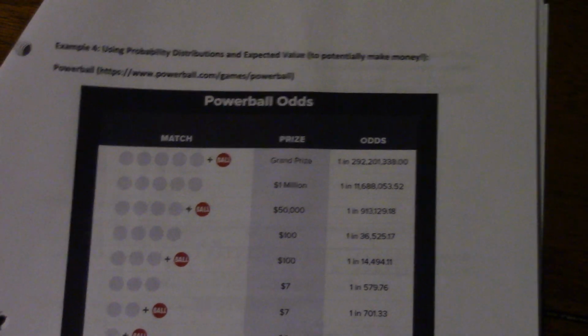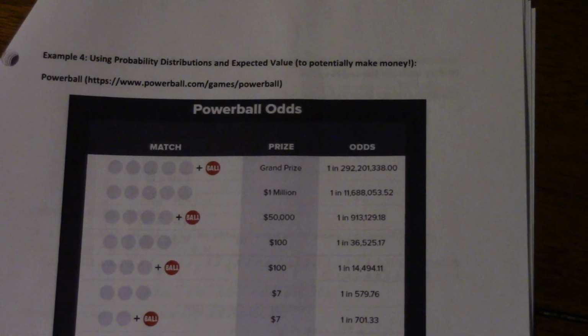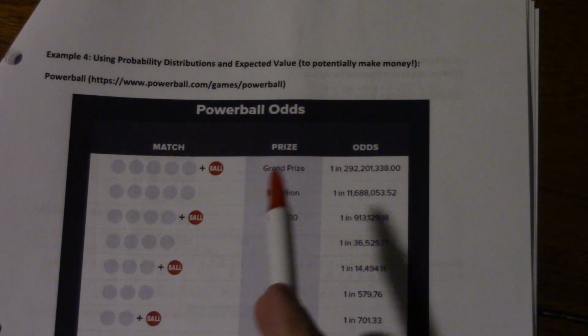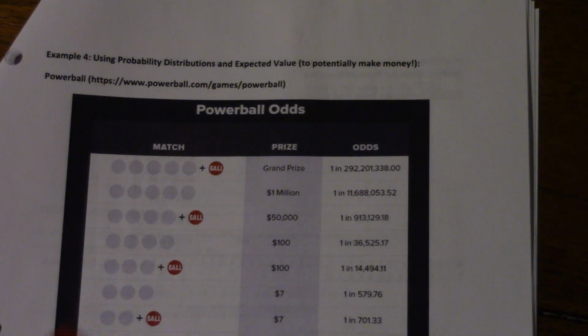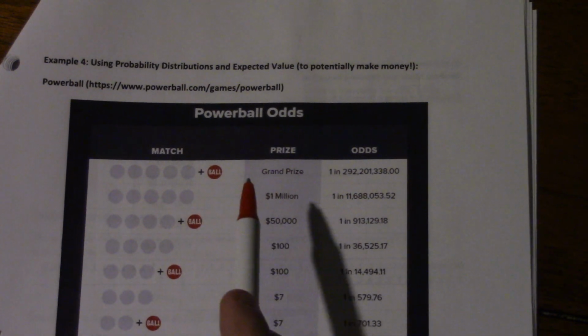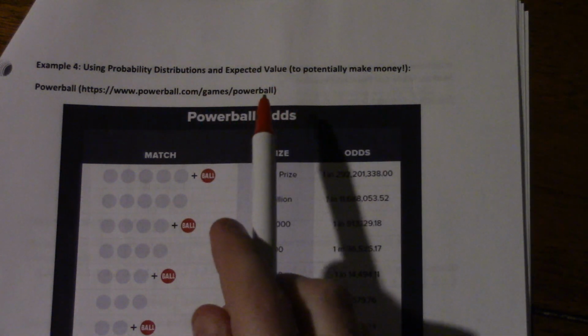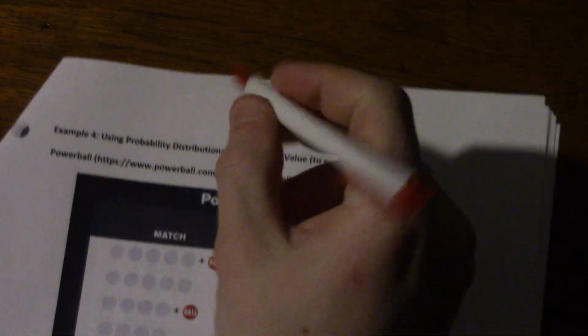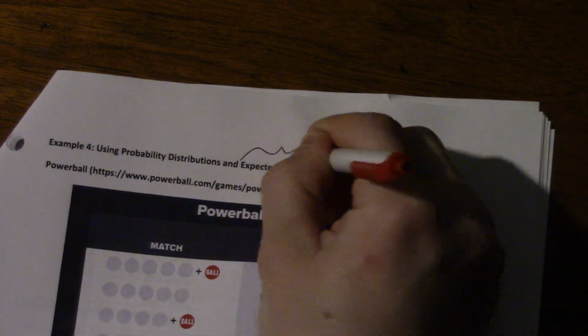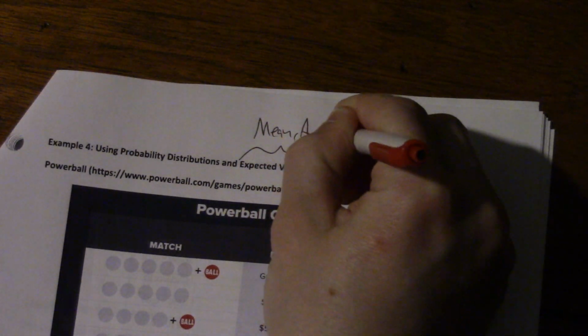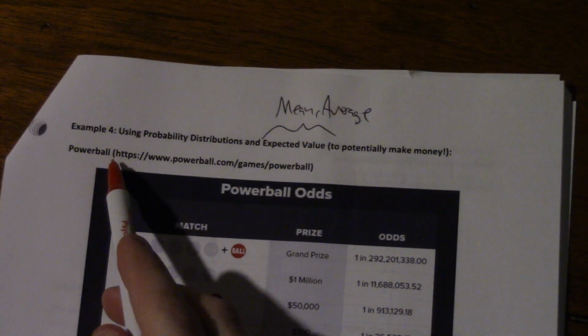Now, this is where the electronic lecture is kind of a pain. This is a really good example. I really like this example, but it's too much work to do by hand. So what's happening here is we're going to look at the probability distribution, and we'll find the expected value. So this is another way of saying mean or average for the Powerball.